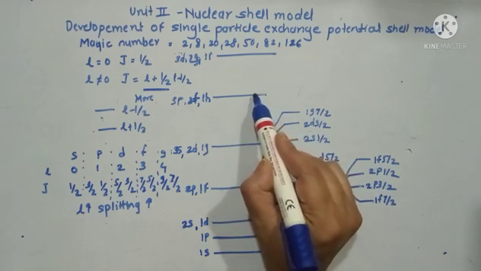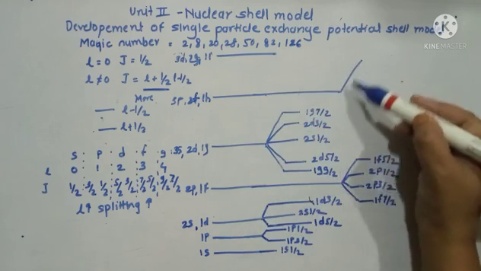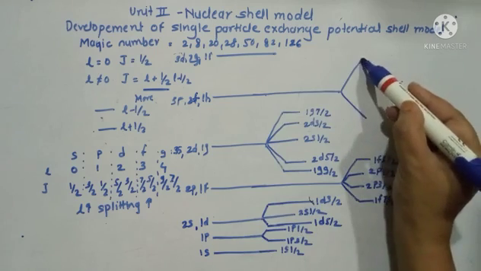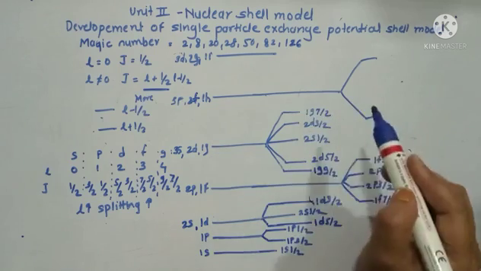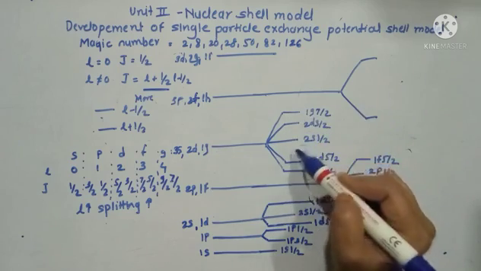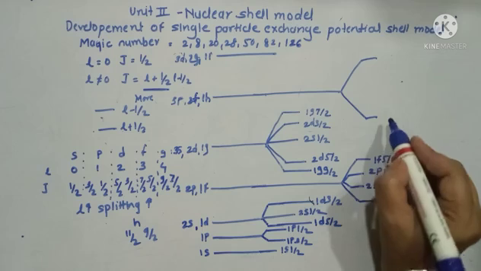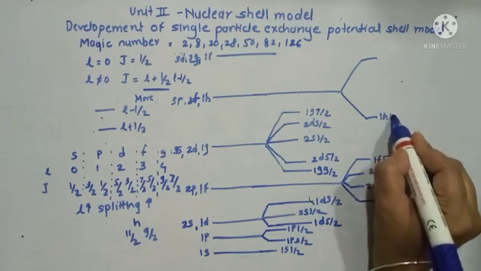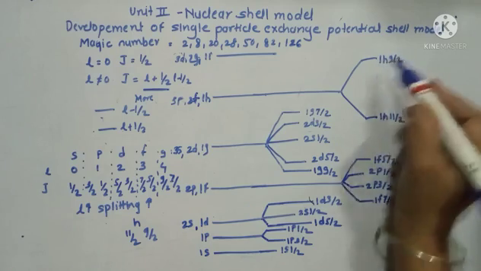After that, splitting of this h, again we are going to increase the splitting between G and H, so splitting of the H should be greater than that of the G. So H is splitting into 11/2 and 9/2, so I will write it here, 1H 11/2, 1H 9/2.